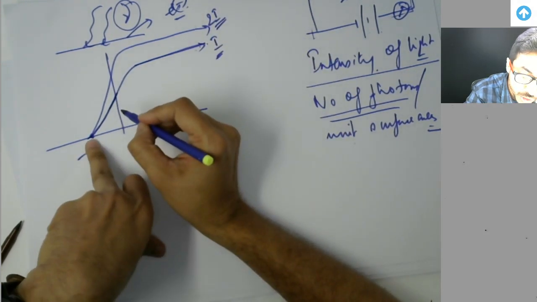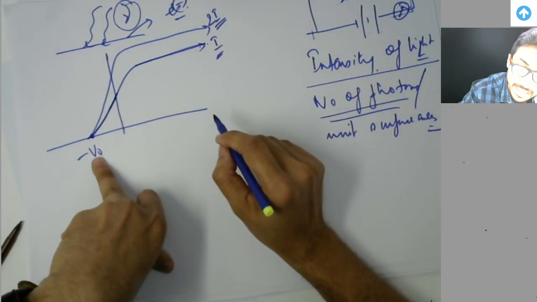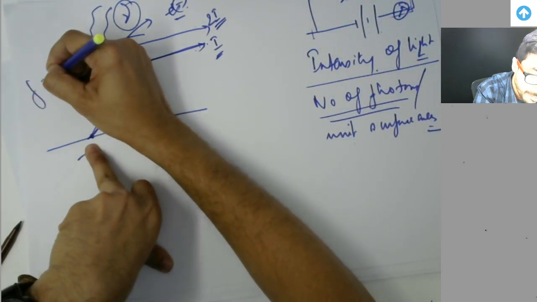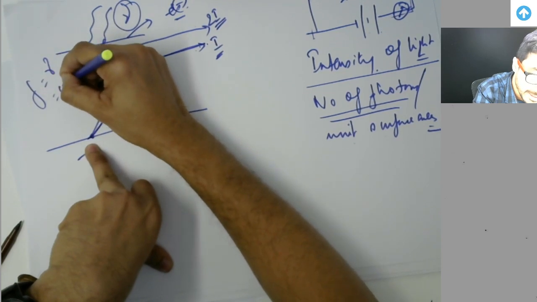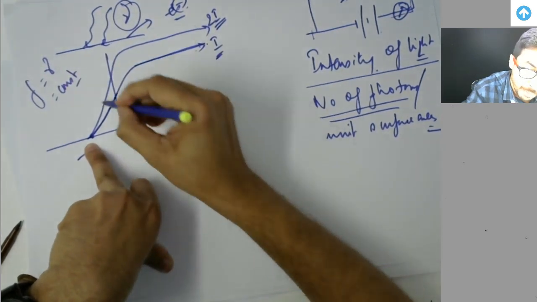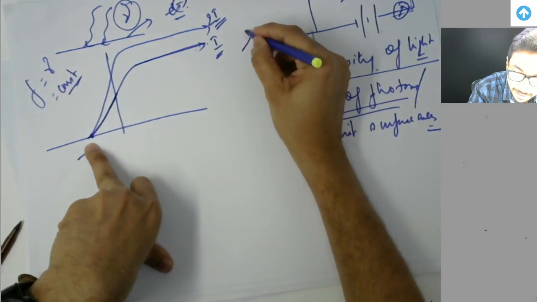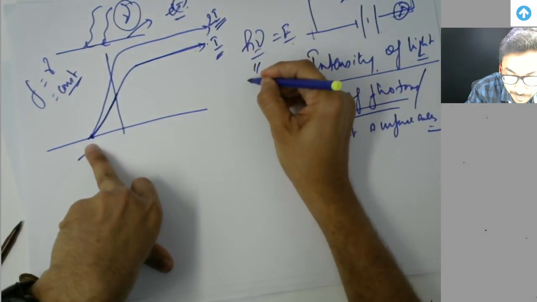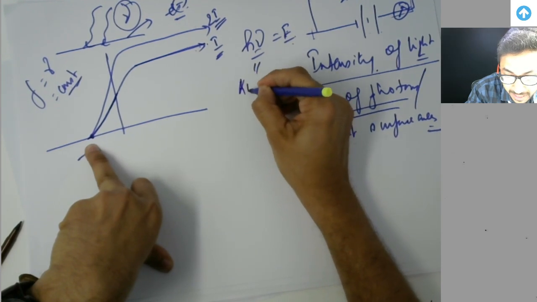But see, the stopping potential remains the same because we haven't increased the frequency of light. Frequency of light is kept constant because h nu, this energy, is responsible for the maximum kinetic energy.